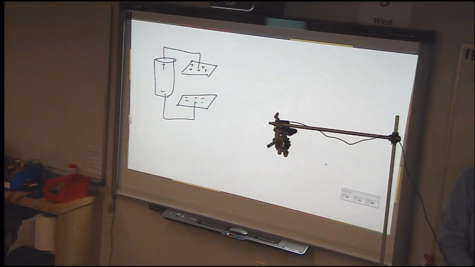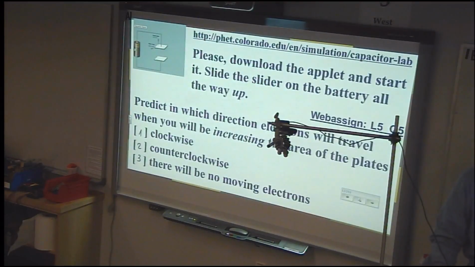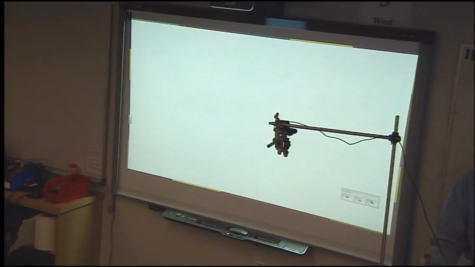Now, before we make any change, we also have two options. We can keep the capacitor connected to the battery, or we can disconnect it. So the question is about the situation when the battery remains connected.